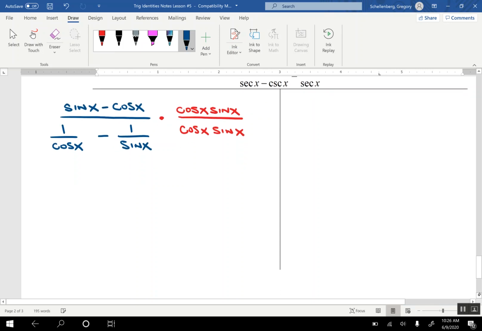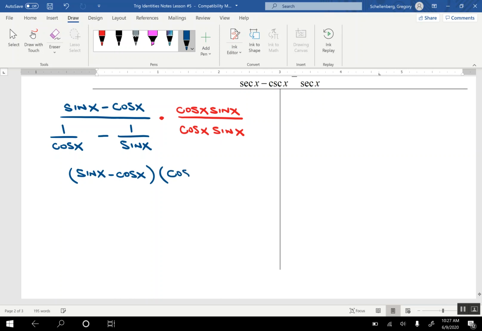So in the numerator, I'm just going to leave this as is. We have sine x minus cos x, and we're multiplying this by cos x and sine x. In the denominator, we have cos x sine x over cos x.